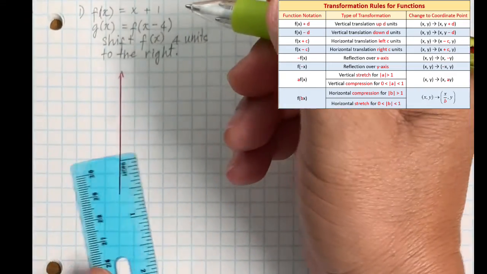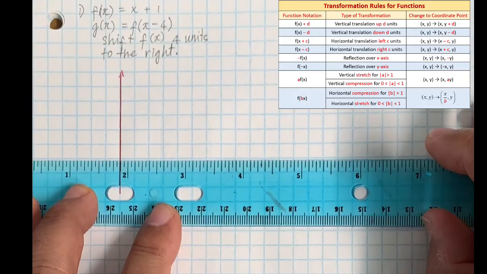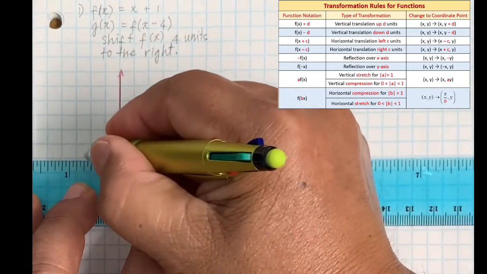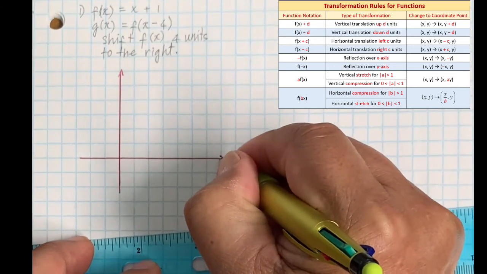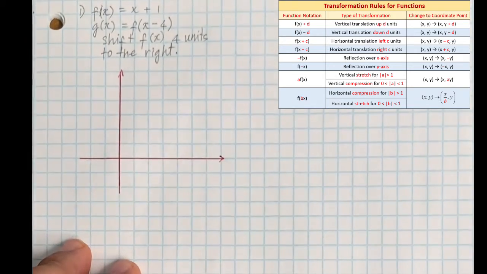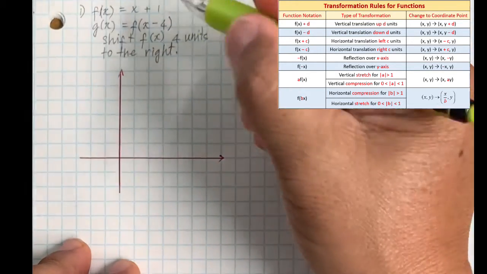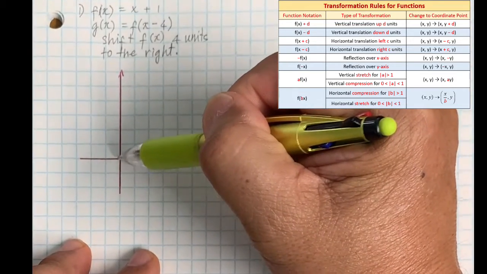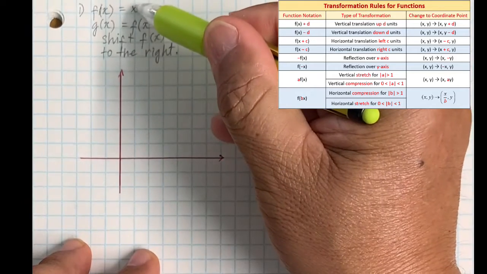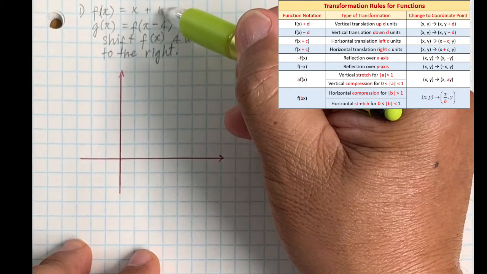So this is the y-x coordinate. So let's graph f of x first. If x is 0, then that's going to be 0 plus 1, which is 1.